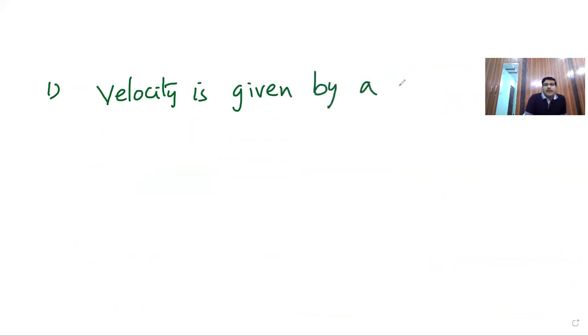Let me take up the first problem. Here, velocity is given by an expression. V is equal to 2t square minus 4t.